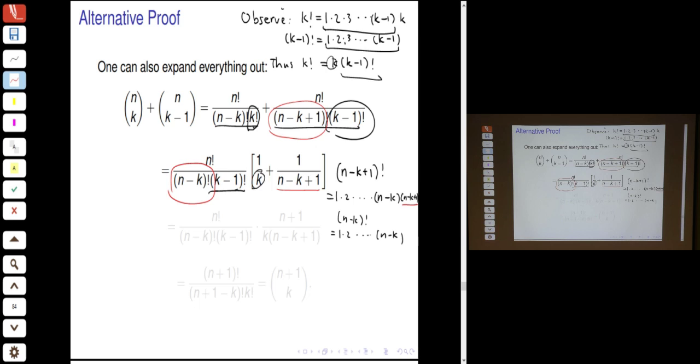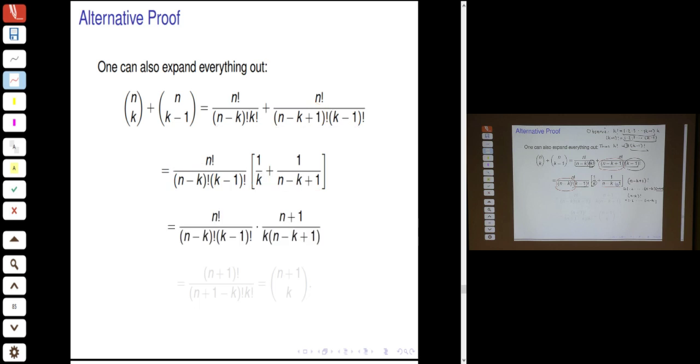This is the result after we take the common factors from the denominator, right? So we get this. And then it's just calculation. You simplify the term in the square bracket, you get this, right?